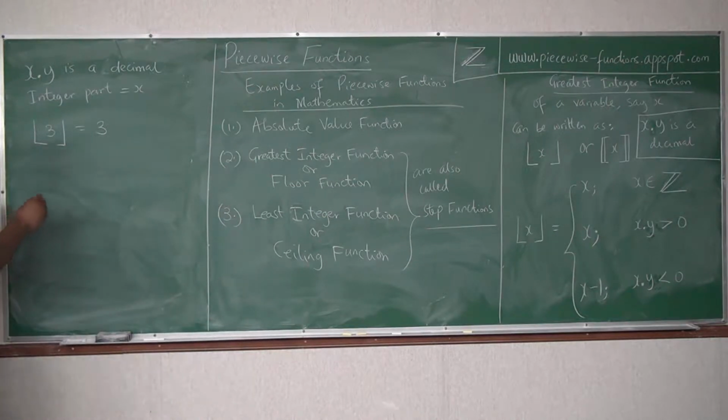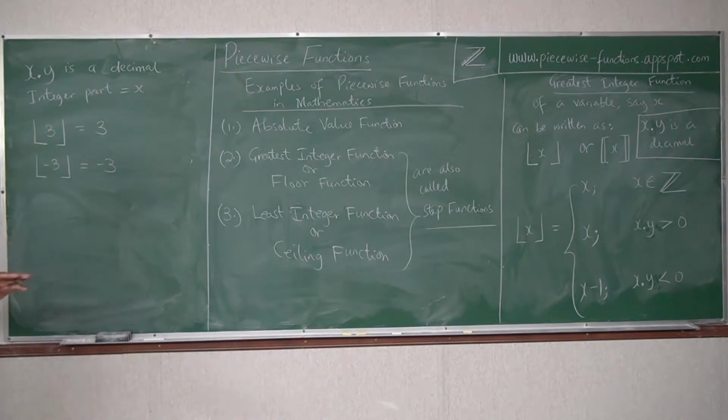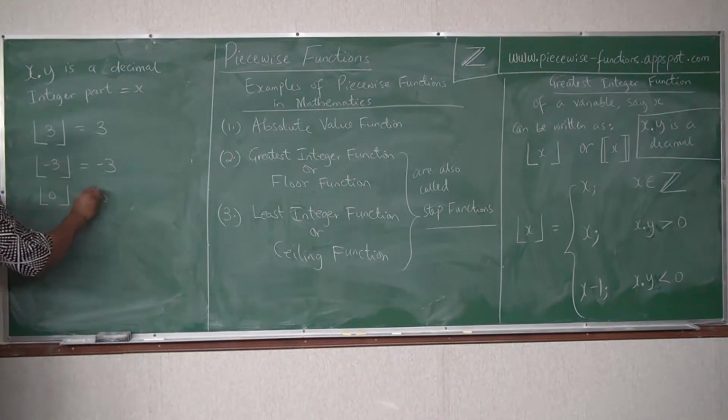What is the greatest integer of negative 3? It gives you negative 3. If it's an integer, just put the value, period. What is the greatest integer of 0? It still gives you 0.